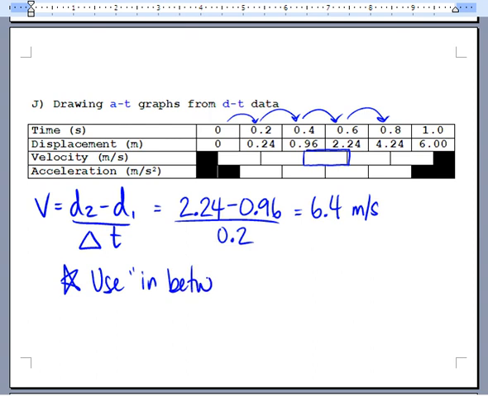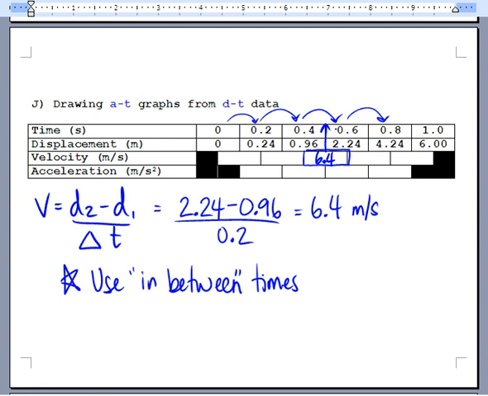So we've staggered that row by half of a box to remind ourselves that this velocity of 6.4 meters per second doesn't actually get plotted on 0.4, doesn't actually get plotted on 0.6. It actually gets plotted straight down the middle on 0.5. So in this case, you would plot data points on 0.1, 0.3, 0.5, 0.7, and so on.